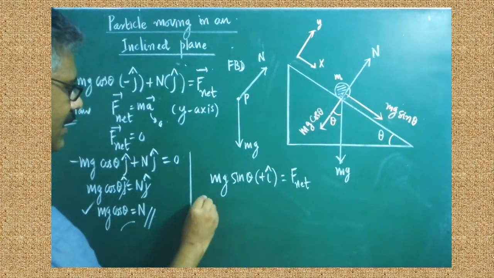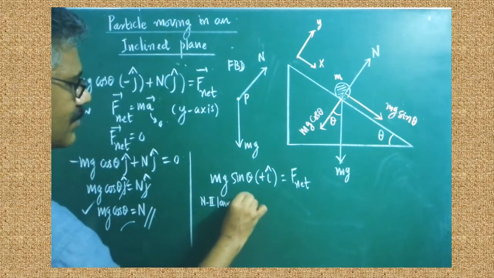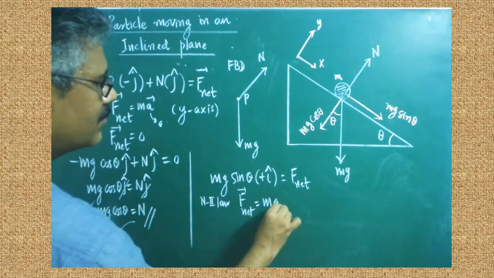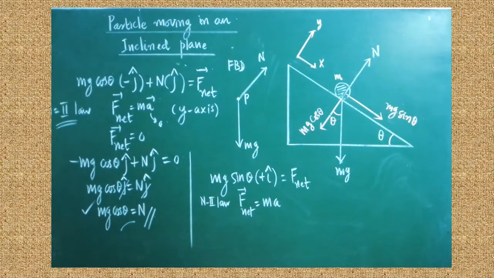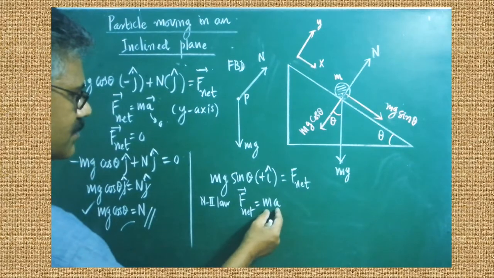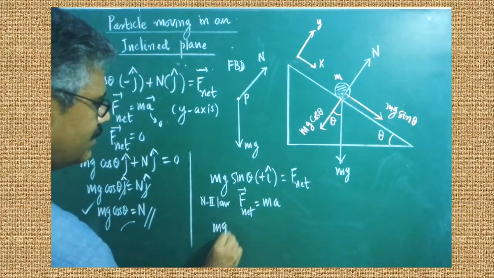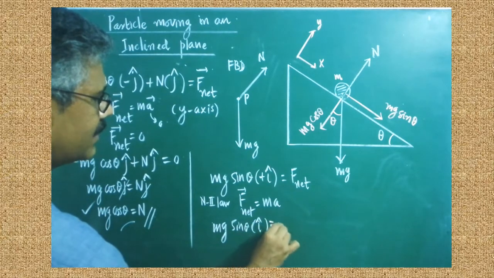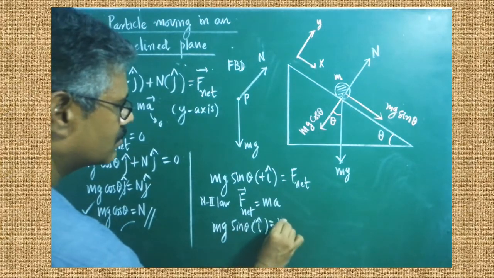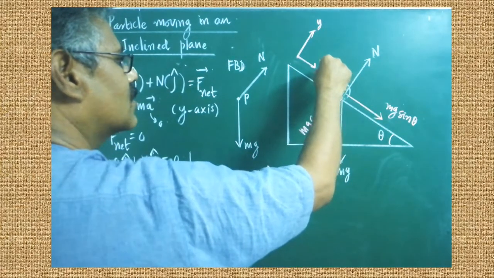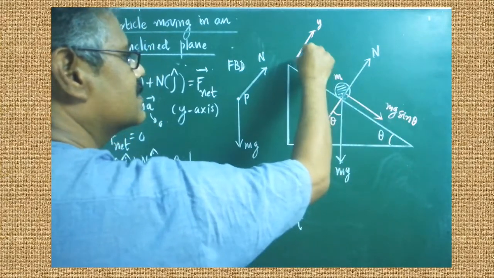Again we have to apply Newton's second law. Are you clear? Newton's second law. What is the formula? F net is equal to ma. Now instead of F net, you substitute this equation. mg sin theta i cap is equal to, instead of F net, substitute ma i cap, because the body is rolling down in this direction, that is along the x direction.